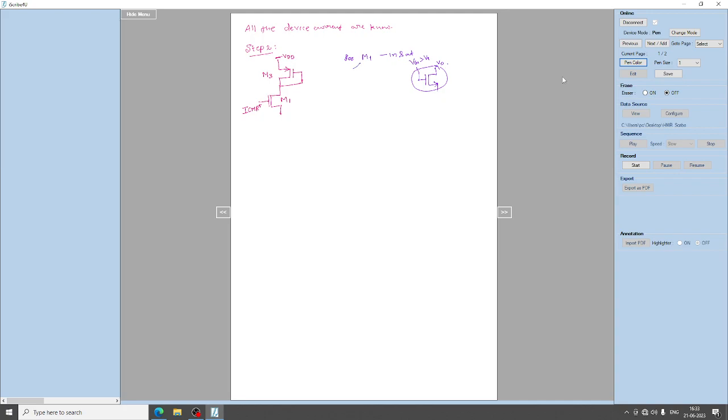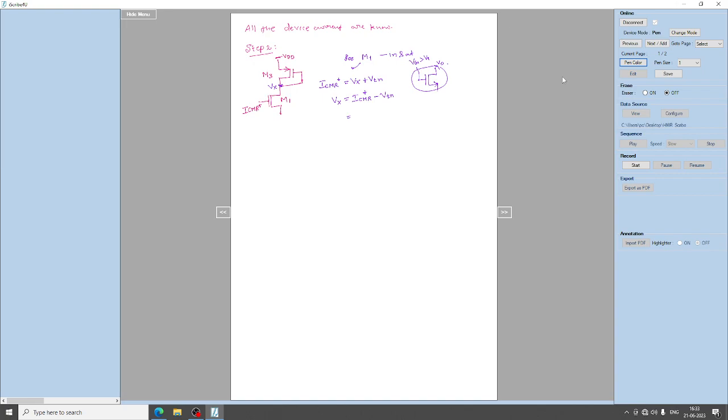So here for M1 the gate voltage is ICMR plus, which should be greater than the drain voltage. I will take the drain voltage here as Vx, so Vx plus VTN. We are supposed to find this node voltage Vx. So Vx is ICMR plus minus VTN.